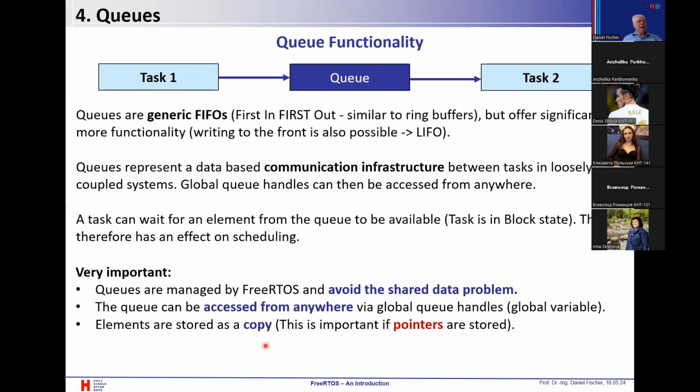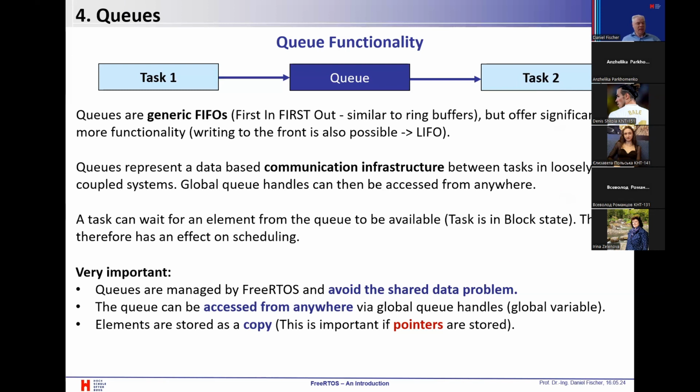You have to be very careful if you put pointers inside a queue, because later if task 2 is reading that pointer, it should be implemented in such a way that the data is still there where the pointer is pointing to.